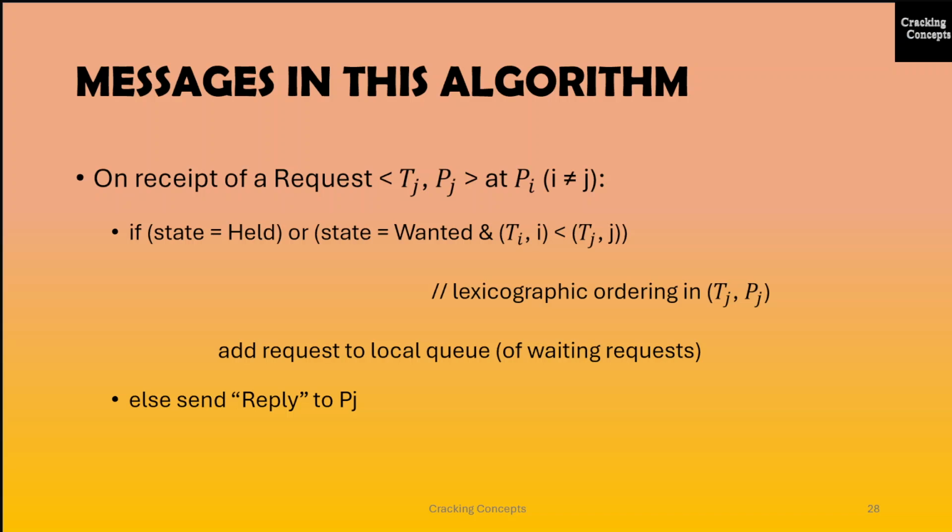If the timestamp of Pi is less than Pj, it means that the process Pj happened after Pi. That is why Pi has a lesser timestamp. So if that's the case, then the process will add the request from Pj to its local queue of waiting requests. If it's the other way around, then it will send a reply to the process Pj.